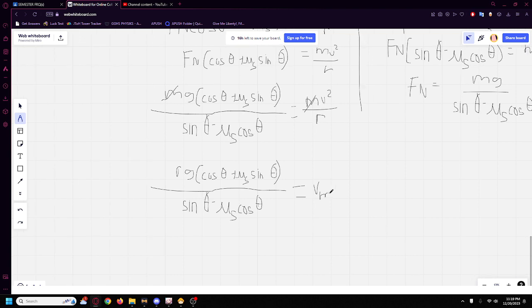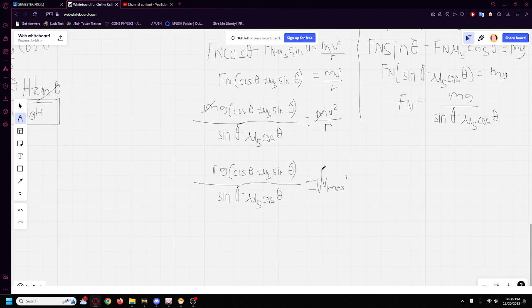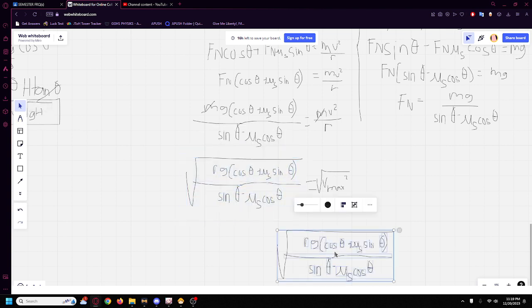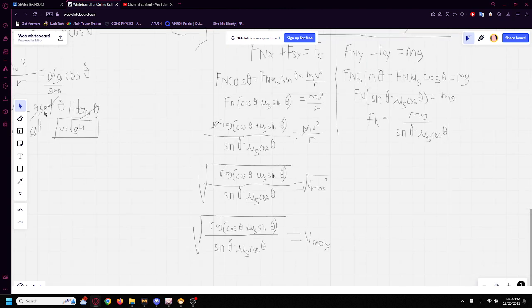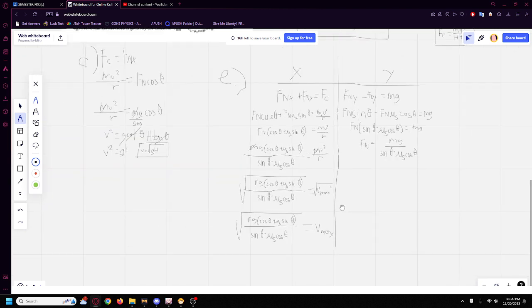This is v max squared, and I can square root it, which means that the square root is equal to v max. And that's part E.